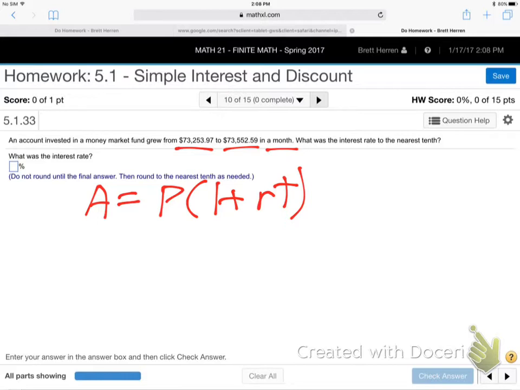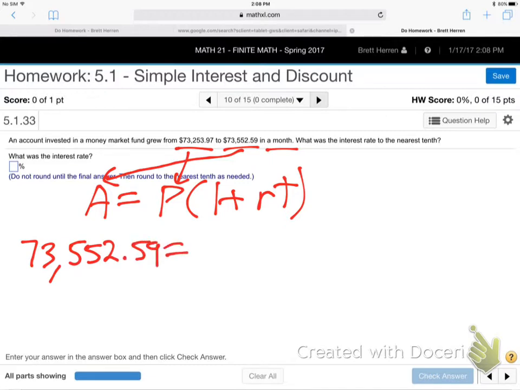So the bigger number would be the A, the smaller number would be the P. This is the A, this one's the P. The amount is 73,552.59. The principal investment was 73,253.97. 1 plus the R is something.